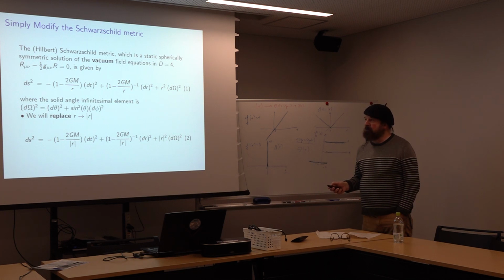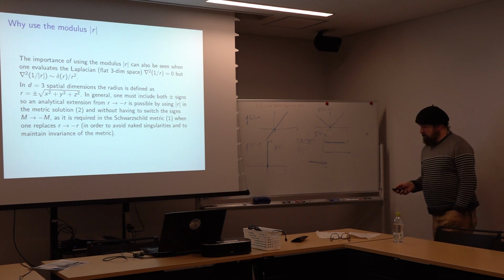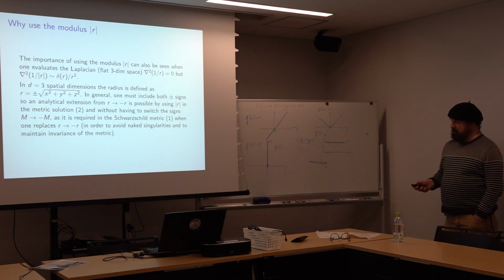Because if you replace r for negative r, in order to maintain the invariance of this metric, you have to flip the signs of the mass. Because if you don't do that, you're going to have a naked singularity in the origin. But here, you can switch the values of r and negative r and nothing happens. You can do that without having to flip the signs of the mass. Okay? So this is what I say here.